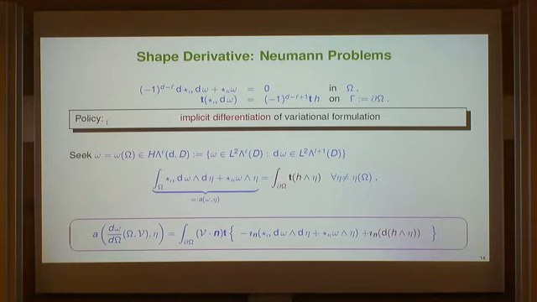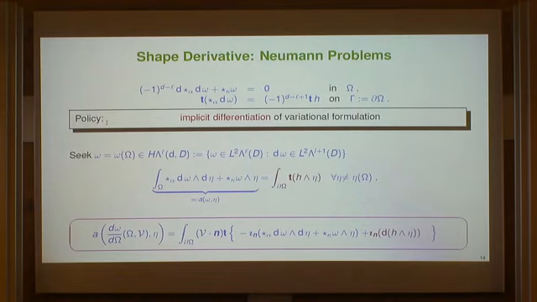Now let me talk about the structure of this problem. What we have arrived at is a variational problem for the shape derivative. Because eta is a general test function, this has to be satisfied for all eta. We imposed no restrictions on eta.